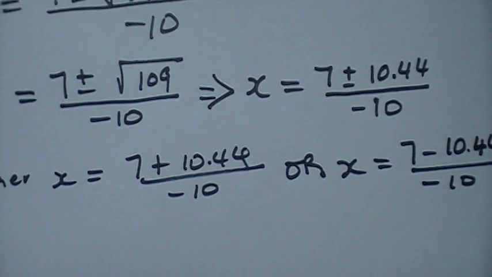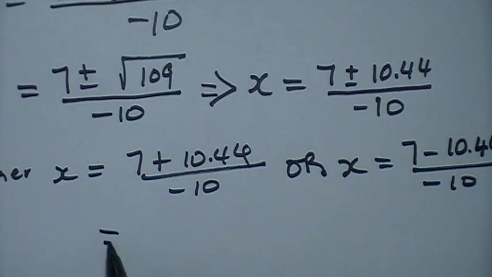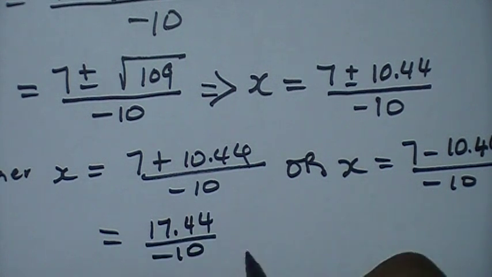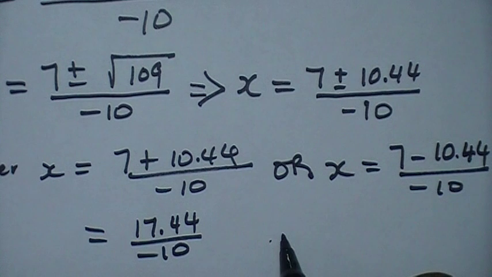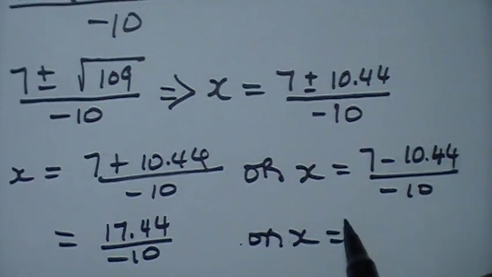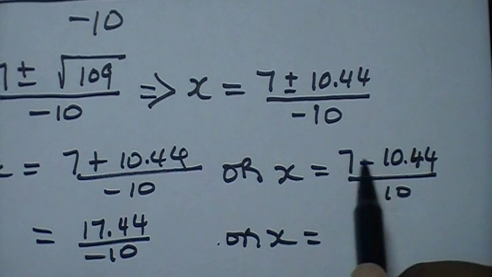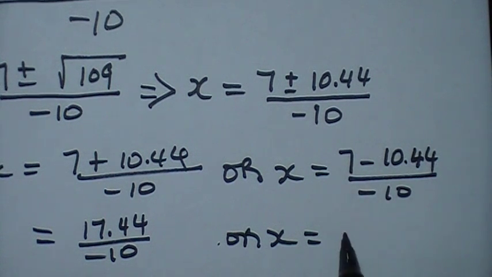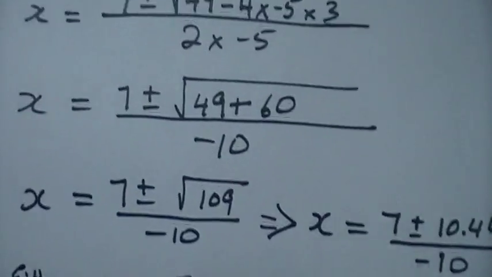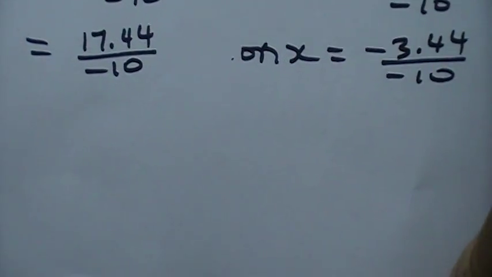Let's work that out. This will give us 17.44 divided by negative 10, or x will be equal to negative 3.44, the difference between these 2 numbers, divided by negative 10, and then we find a solution to those 2.